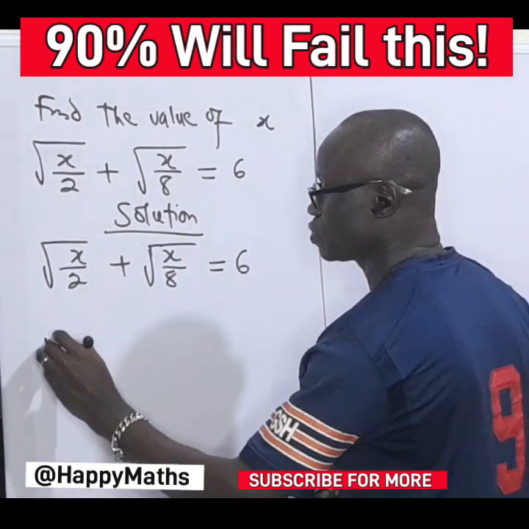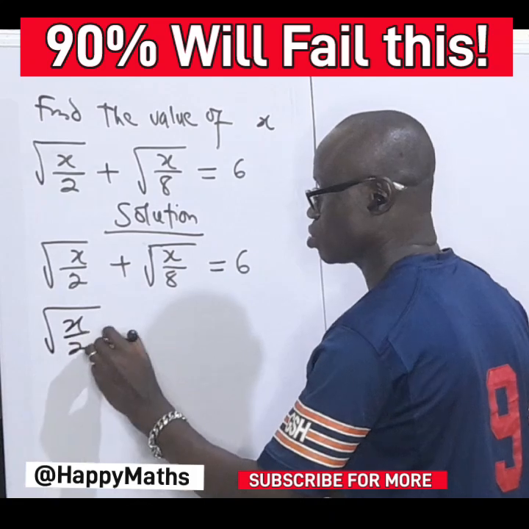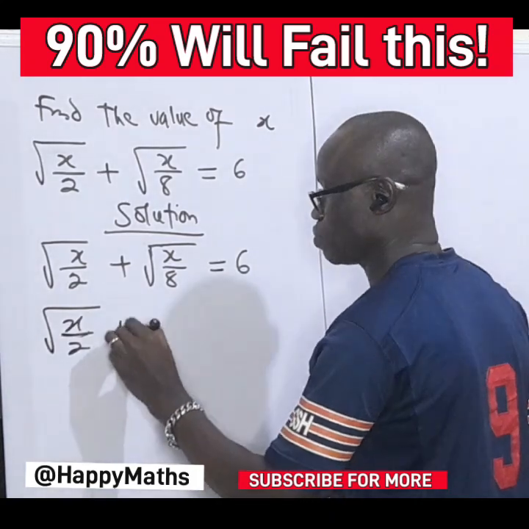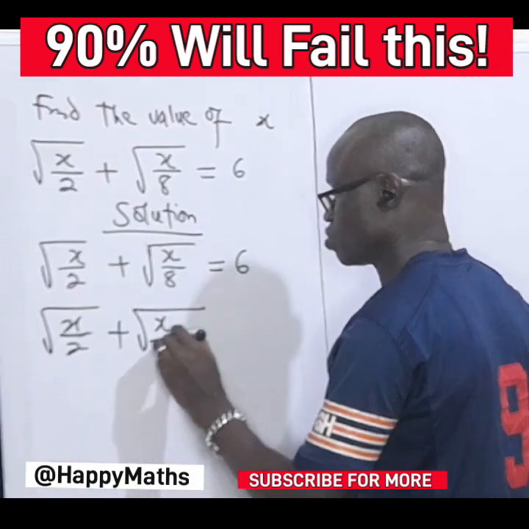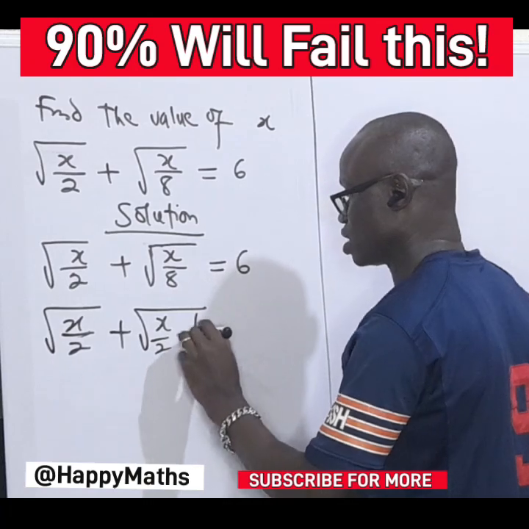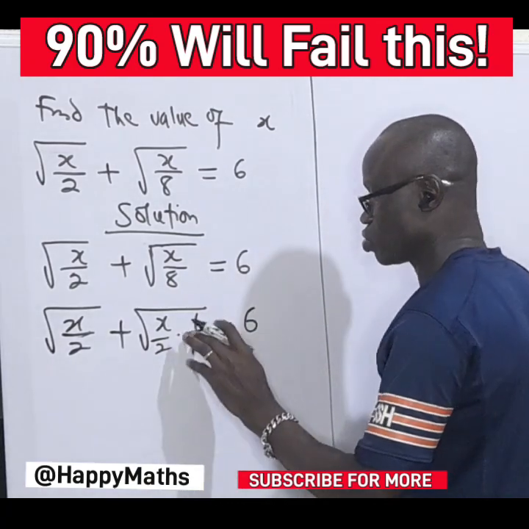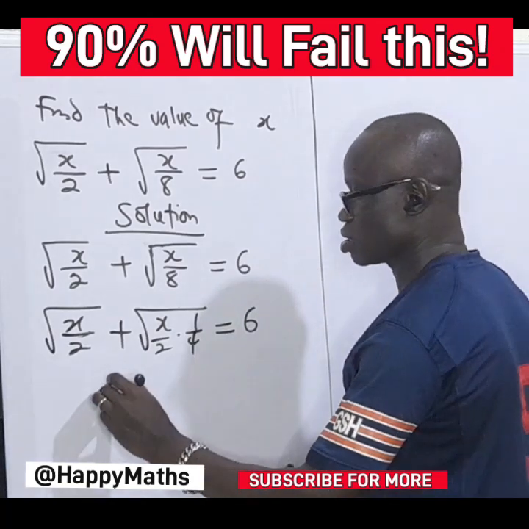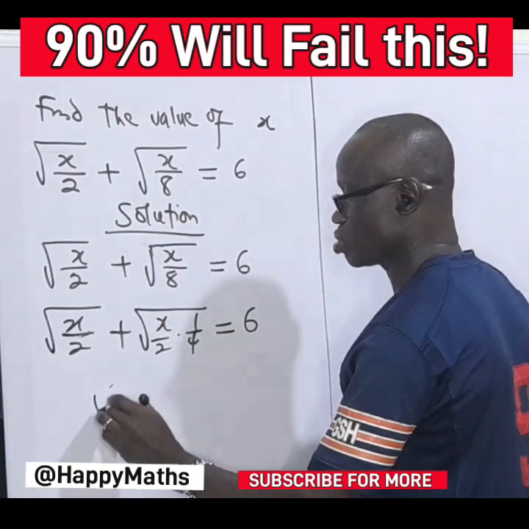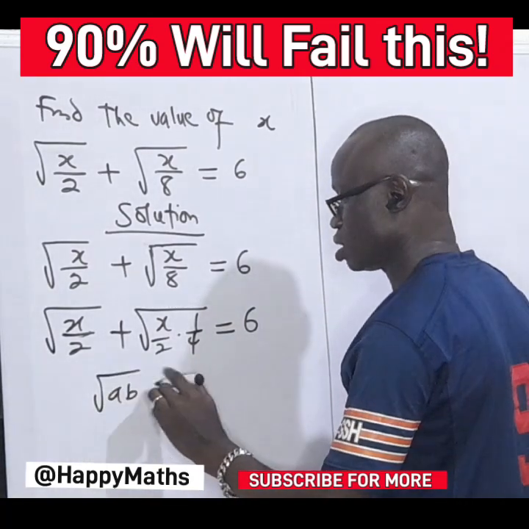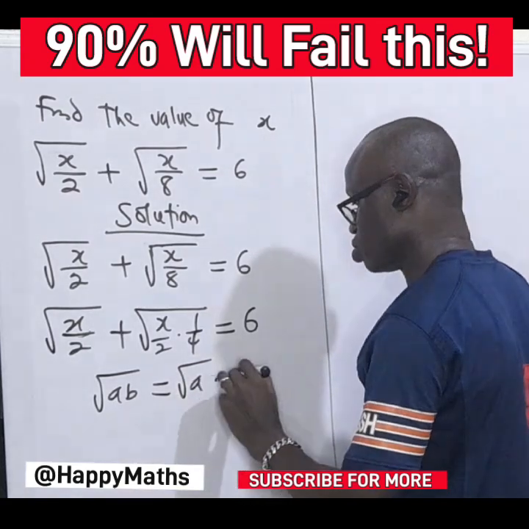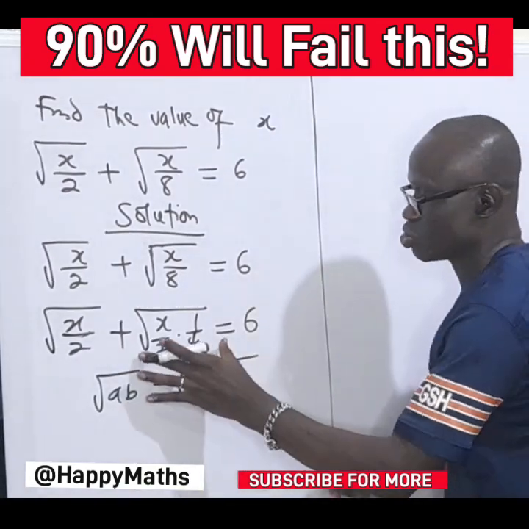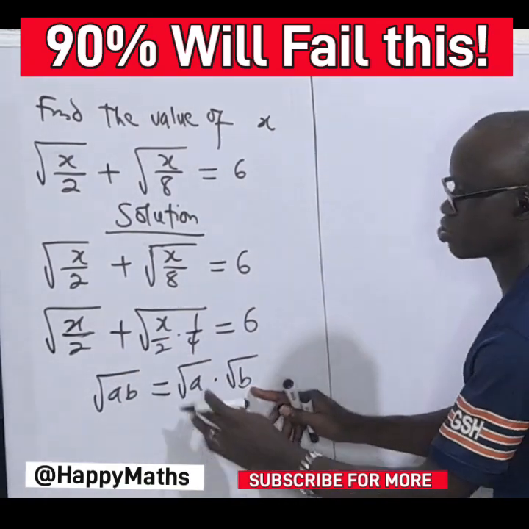Now let's move. Root of s over 2 plus root of s over 2 times 1 over 4 equals 6. Now recall that root of AB can be written as root A times root B. So let's solve it in terms of this.